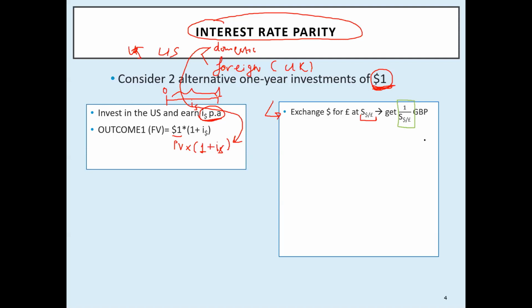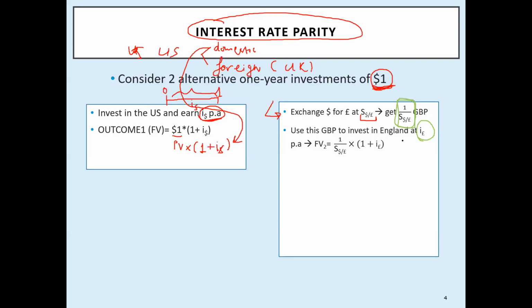Once I get the pounds, I'm going to use that money to invest in the UK. Because I'm investing in the UK, I will be earning the interest rate in the UK. So here I started with this much at time 0.